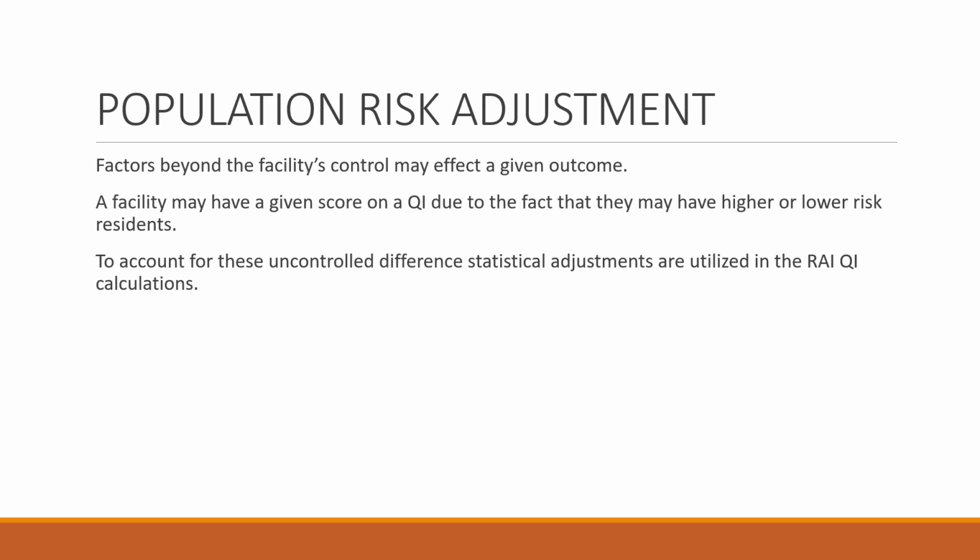However, if one home had very few people with dementia and medications and younger, you would expect that home to have fewer falls. And if the other home had people with more dementia, medications, and were older, you would expect them to have more falls. So the population risk adjustment simply adjusts your score to consider the risk or the difficulty of care within those residents within your home and try to equalize the two homes in that way.